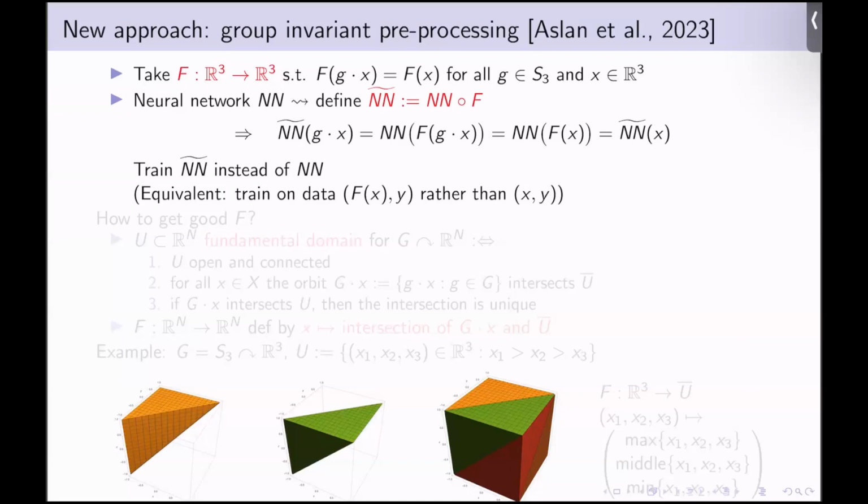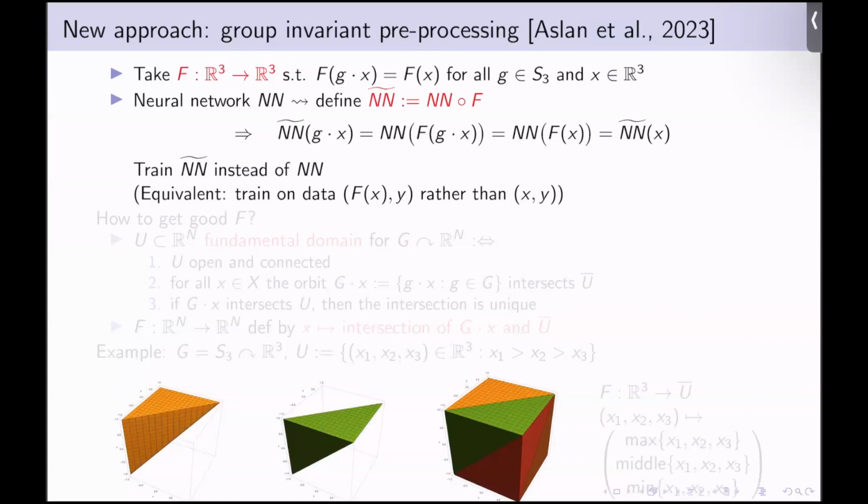But it's actually equivalent if you once and for all process your training data, apply F to all the inputs and get F of x comma y, and then just do ordinary gradient descent training on the data points F of x comma y. So you don't have to compute this many times, but just once.